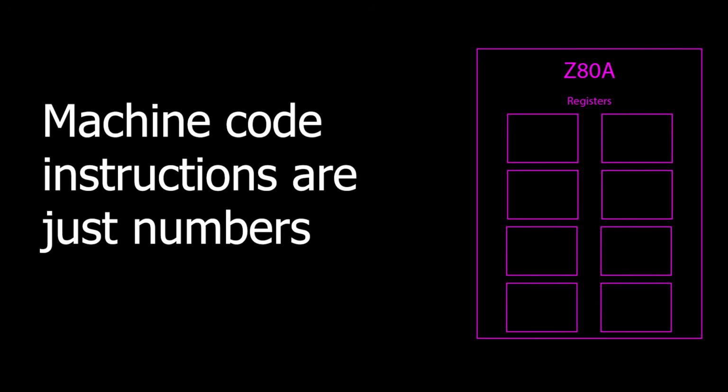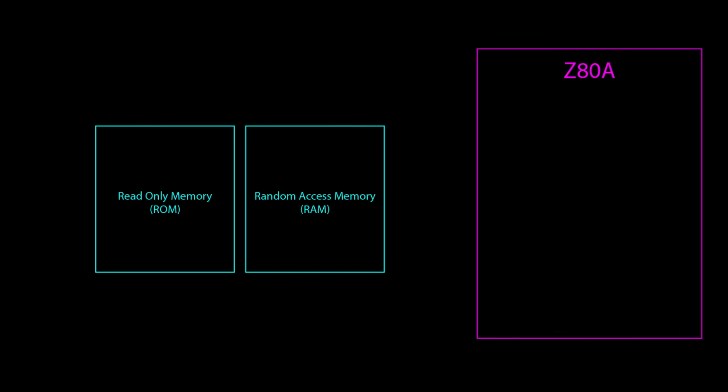So given that the microprocessor understands only numbers, then it makes sense to use numbers to represent different instructions that the Z80 can obey. And that's exactly how machine code works. So where do these instructions come from? They come from external memory.